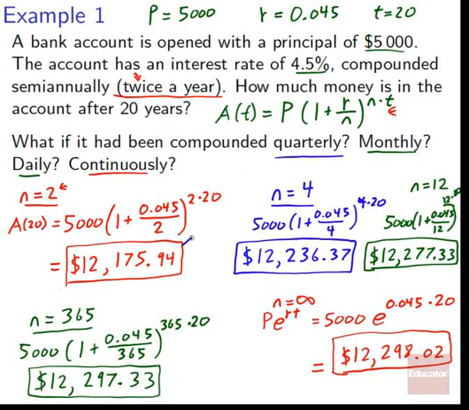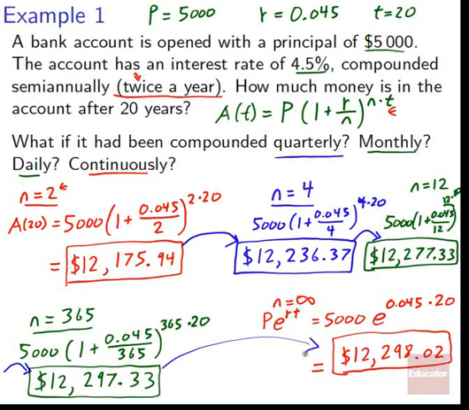Finally, I'd like to point out that we saw reasonable amounts of growth when we jumped from semi-annually to 4 times a year. We also saw an appreciable increase when we went from 4 times a year to 12 times a year. When we went to monthly, we got a jump of a little over $40. When we went to daily, we got a jump of about $20. But going from daily to every single instant only got us $1.